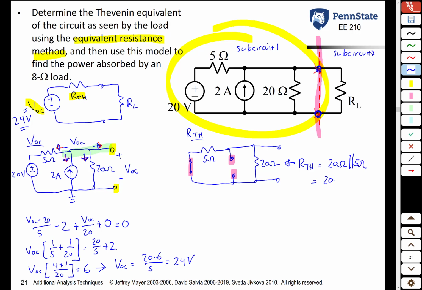That is the product over the sum, 100 over 25, or 4 ohms. So at this point, we have now found the Thevenin equivalent circuit as seen by the load resistor. In other words, the resistor on the right doesn't know the difference between the actual circuit it's connected to and this Thevenin model here.